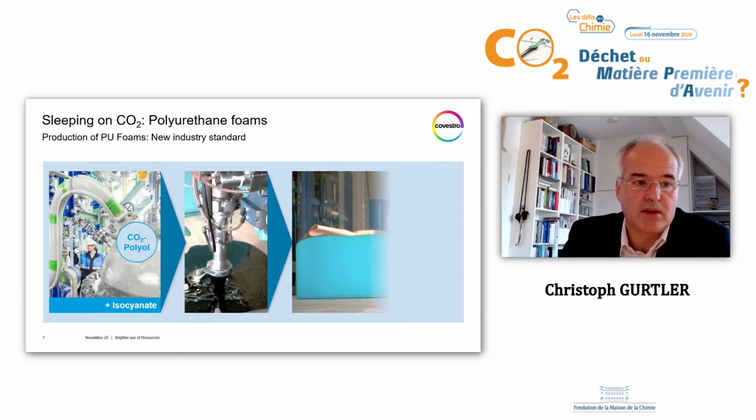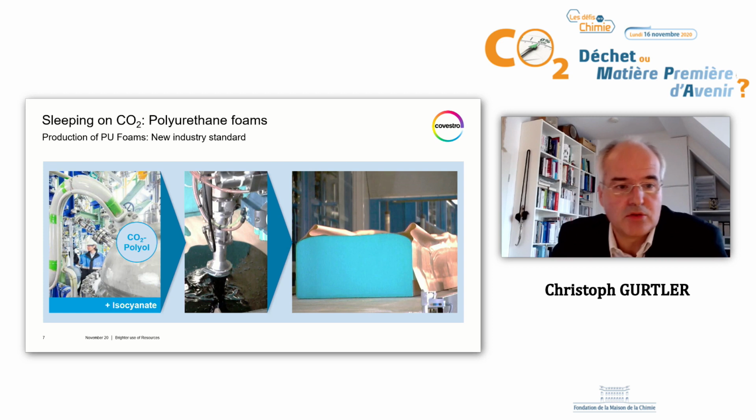What happens later on is that we take the CO2 polyol and mix it with the isocyanate, as shown in the middle. And what we get finally is a polyurethane foam, which looks a bit tiny, but in fact is 2 by 1 meters in size.